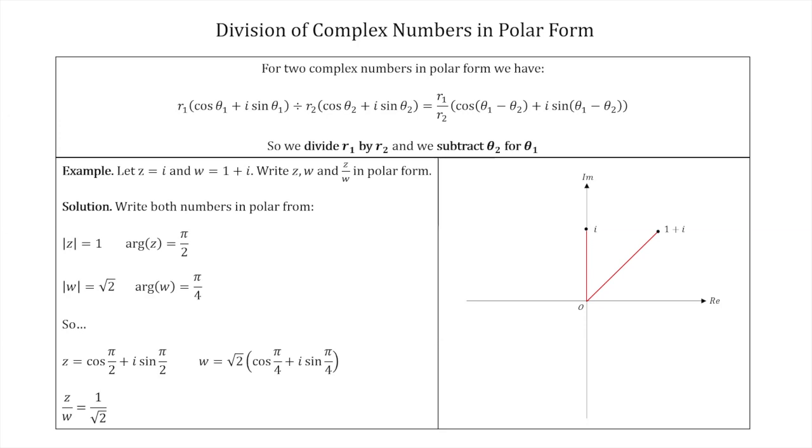So I get pi over 2 minus pi over 4. Half pi minus a quarter pi is a quarter pi, or pi over 4. So I get cos of pi over 4 plus i sine pi over 4. So it's quite easy once they're both in polar form to use the formula at the top to write down z divided by w in polar form. And it is 1 over root 2 times cos of pi over 4 plus i sine pi over 4.